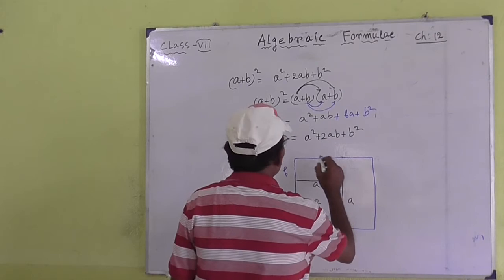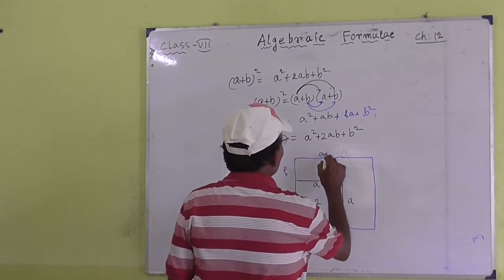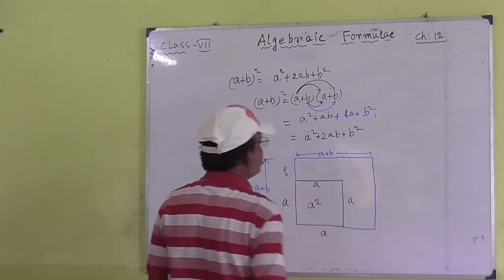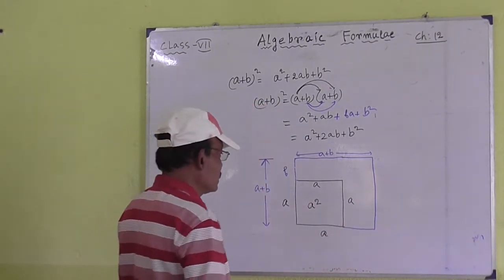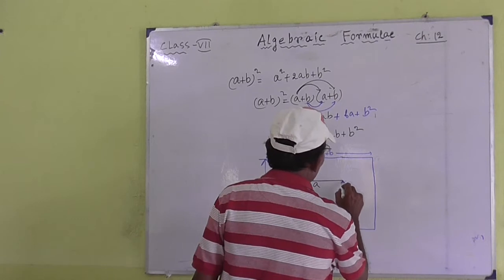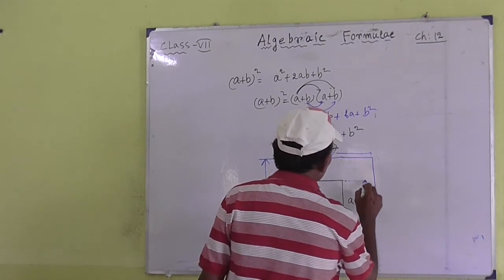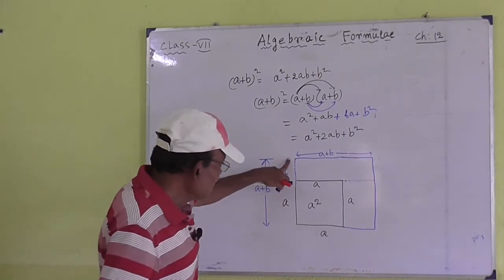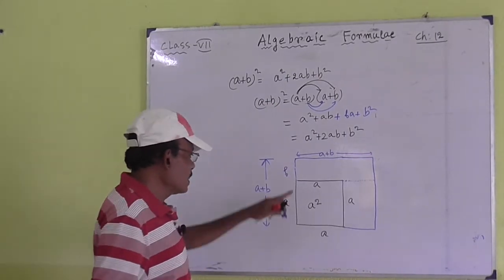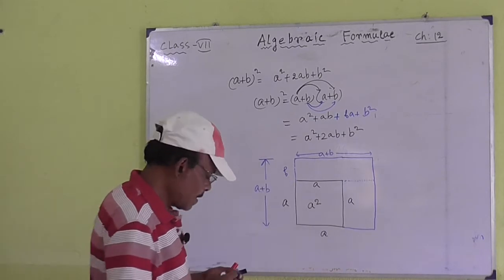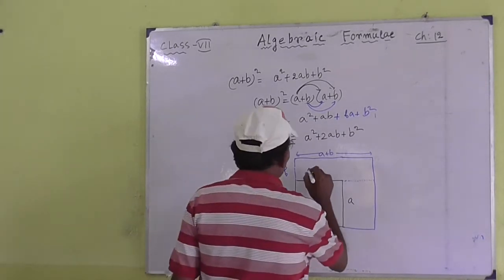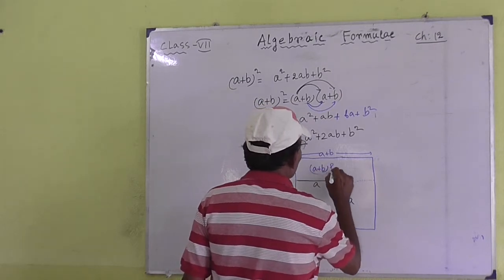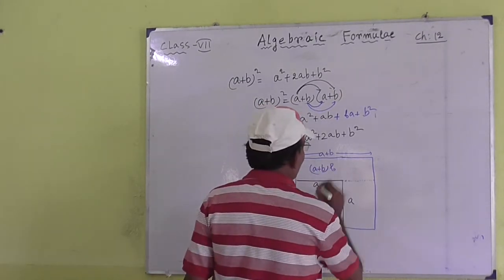So, here it is a plus b. Clear? If we produce this side up to this side, the length is a plus b and the breadth is b. So, its area will be a plus b into b. Okay.